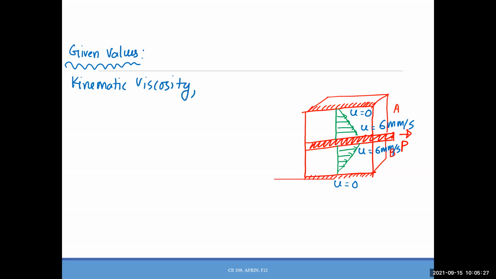This kinematic viscosity, we represent by nu, which looks pretty similar to v, but it's not v. The value is 4.545 times 10 to the power minus 5 meters squared per second.